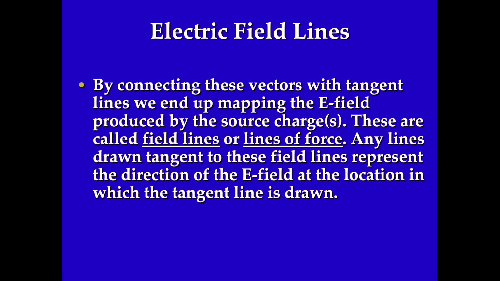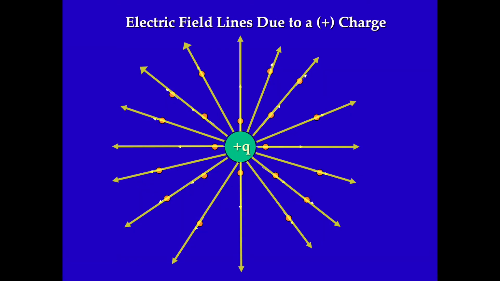But what if I connect those field vectors with tangent lines? Then what we're really doing is mapping the electric field produced by the source. And we call those field lines or lines of force. And you can actually take those field lines, and here's an example.